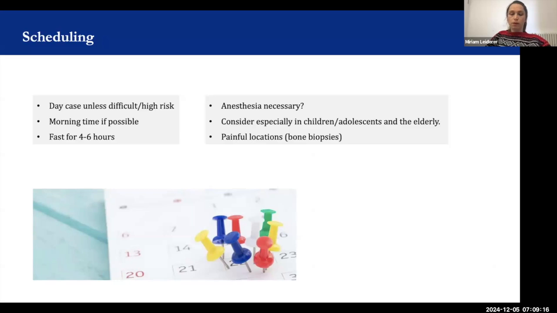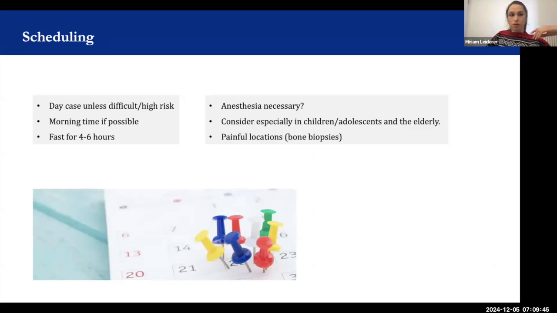Or there can be patient-related factors, for example if you do a lung biopsy on someone who only has a single lung or has a chronic lung disease, then you may want to opt for an inpatient procedure. Try to do morning time and get day cases so that you can keep the patient for observation and no one has to do overtime.